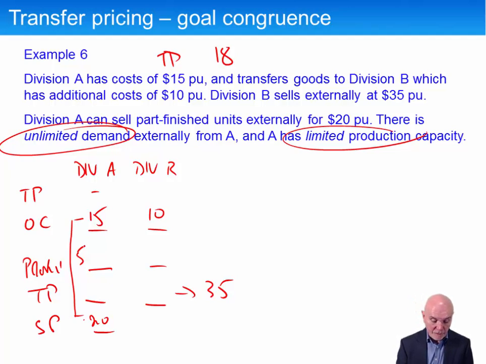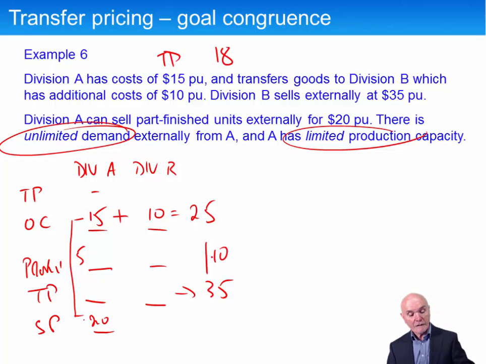But we know that if we were to transfer up through the group, we're actually making a profit of 10. So the group definitely would prefer goods to go up through the group rather than escaping from the group by A selling those. So what we want to do is to set a transfer price, the minimum transfer price.